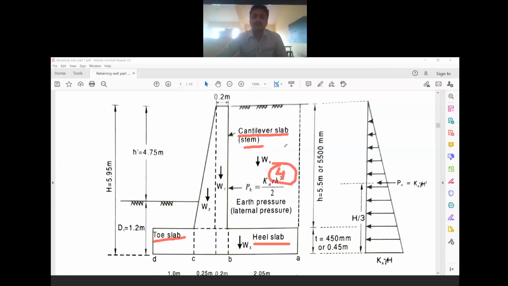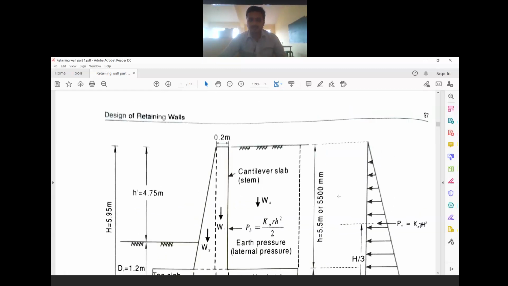So what we will be doing in this problem is the design of the stem, the design of the toe slab and the design of the heel slab. Before going into the designing, we need to calculate the dimensions of the retaining wall.